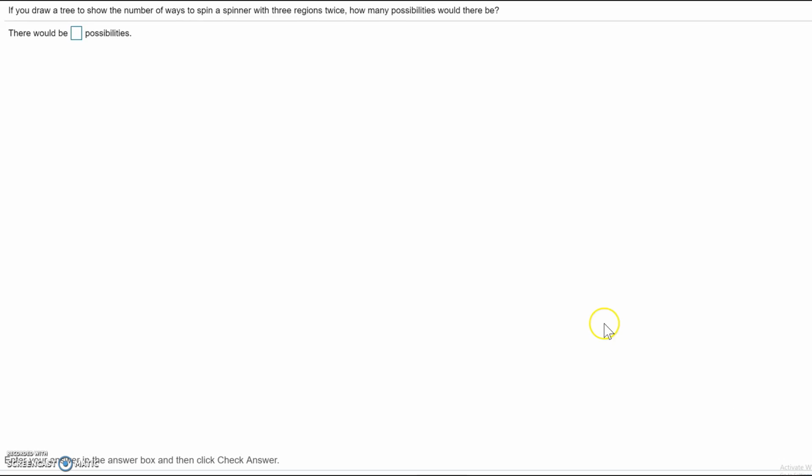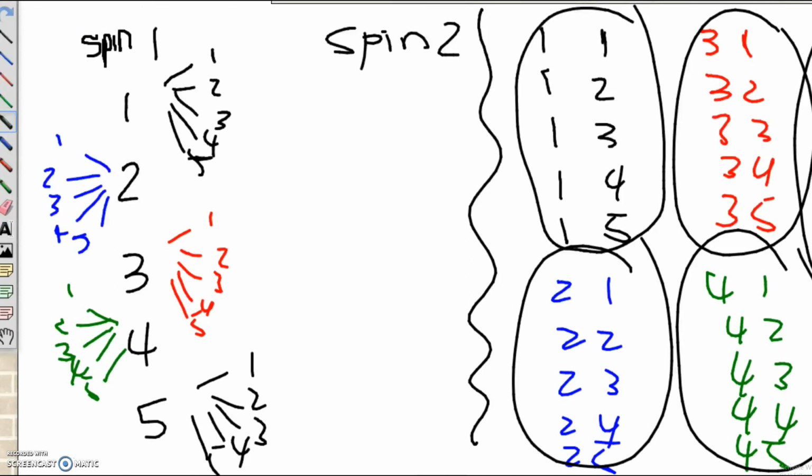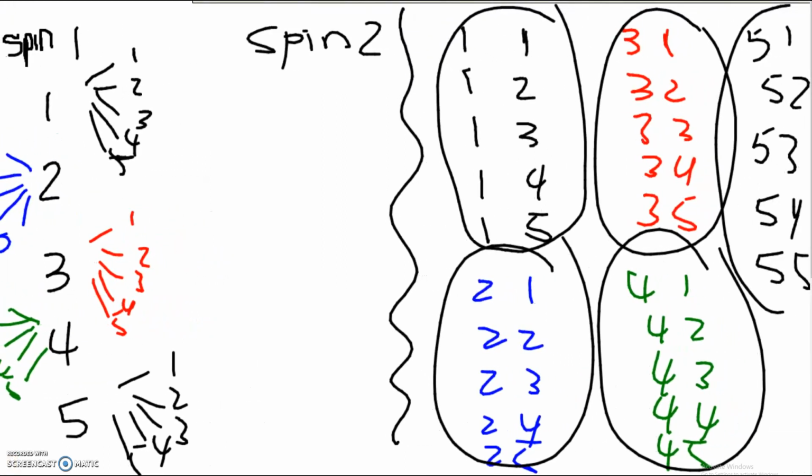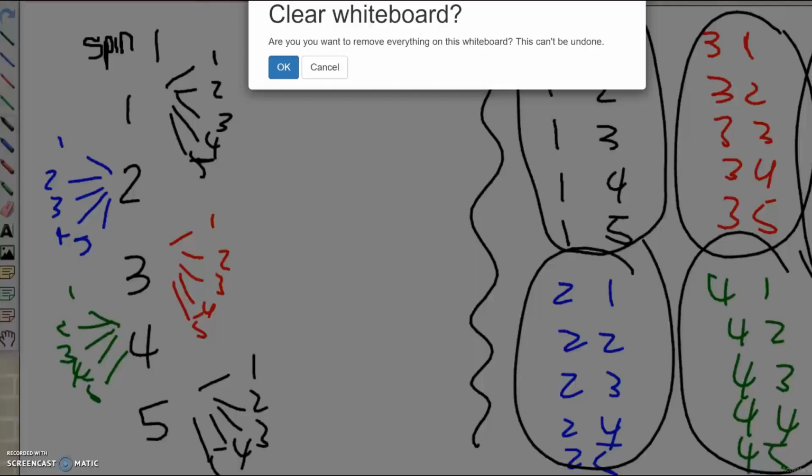So let's try to do some critical thinking with regard to the question we just answered and see if we can draw some generalizations that will help us answer the second question. All right, so in this first question, the spinner had 5 regions and we spun it twice. Because we spun the spinner twice and it had 5 regions, we ended up multiplying 5 times 5 or 5 squared.